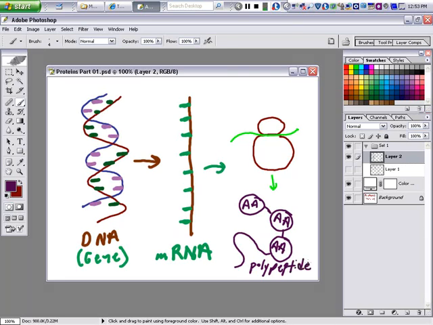Everyone with me so far? Now, I have two questions for you before I move on to the next image. What is the name of this protein here that reads the messenger RNA to put the amino acids in the right order?